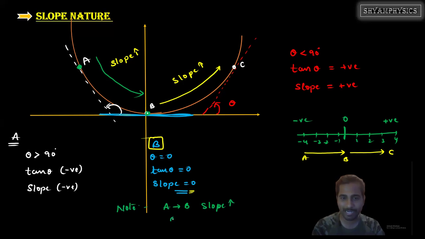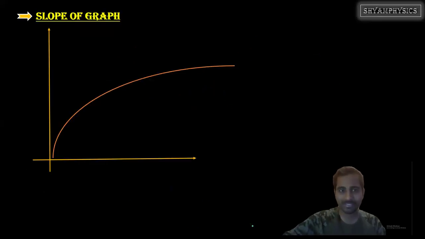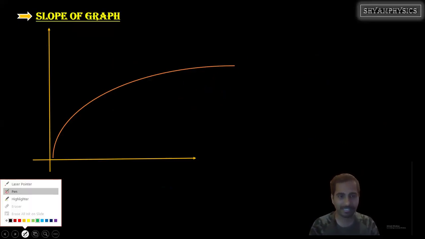And at B, slope is equal to 0, and from B to C, slope increases. Done. Hope you all understood. Now we'll discuss what I explained now. We'll discuss the same thing in this graph.